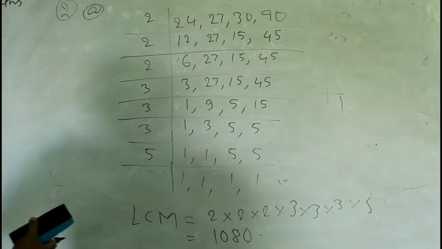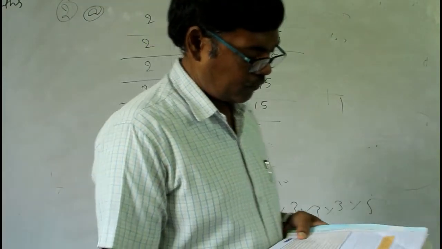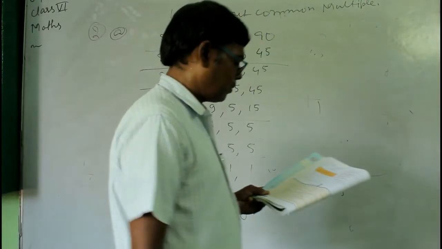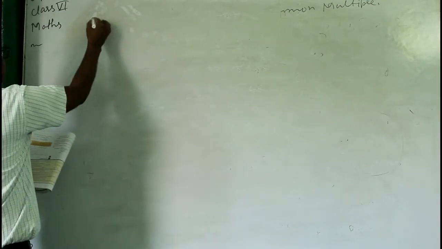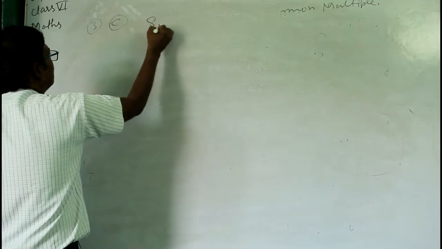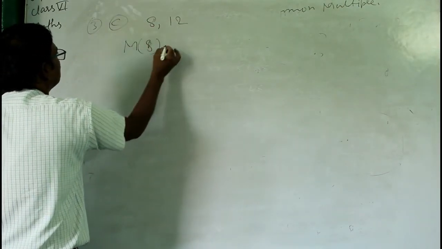Now next question. Find 2 common multiples of the following numbers. Okay, 2 common multiples. So here question number 3C. So the multiples, that is, your 8 and 12. So multiples of 8. Okay, I made it here in short.